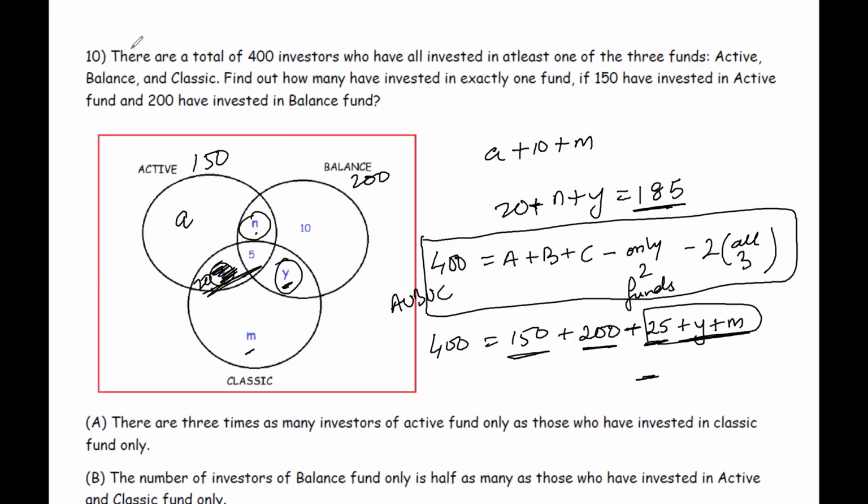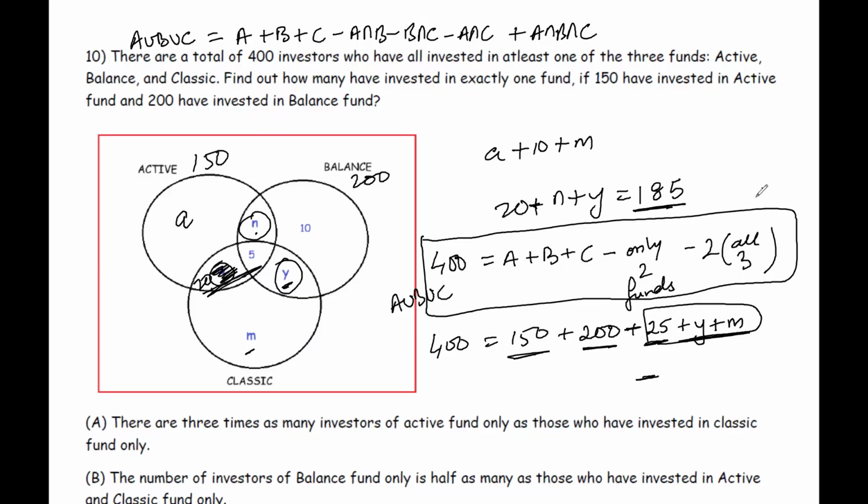When we did Venn diagrams, we learned A plus B plus C minus A intersection B minus B intersection C minus A intersection C plus A intersection B intersection C. So the equivalent of this is this formula also, right?